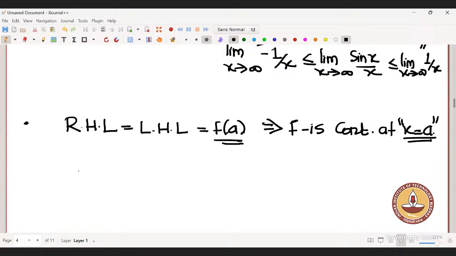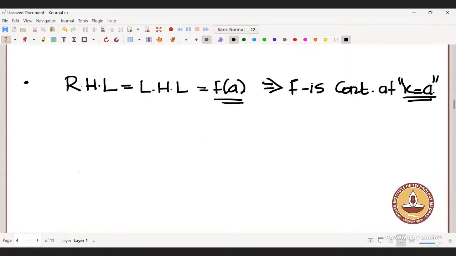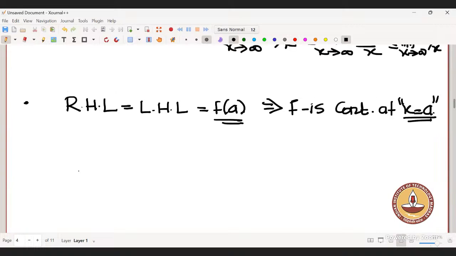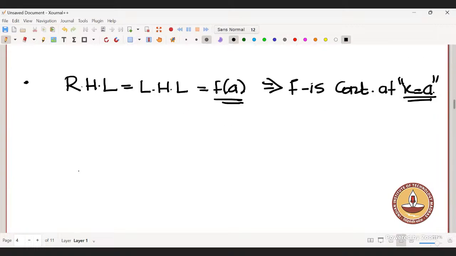But in a question, if it says the function is differentiable at x equal to a, can we directly say that f is continuous at a? Yeah, of course. Continuity and differentiability are linked. Differentiability is a higher thing, so differentiability always implies continuity.